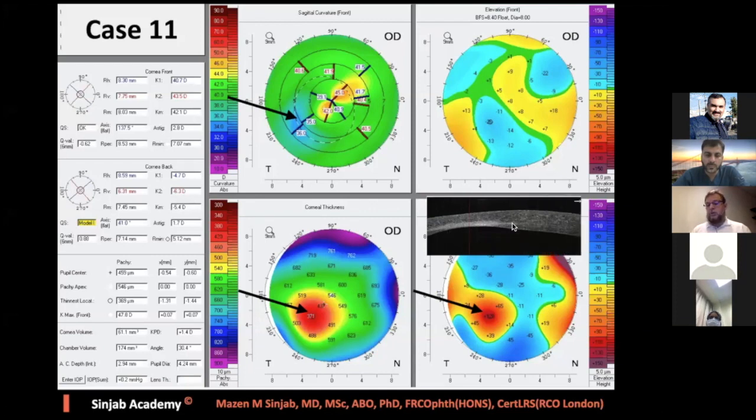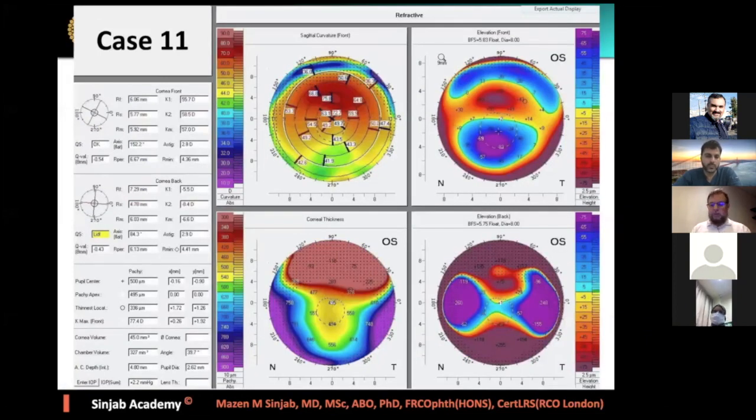This is the OCT of the cornea, and we can see the deep scar, with bulging on the posterior elevation and shrinkage in the whole thickness of the cornea in this area. This is why there is a very thin spot on the corneal thickness map, and the posterior bulging is obvious on the posterior elevation map.